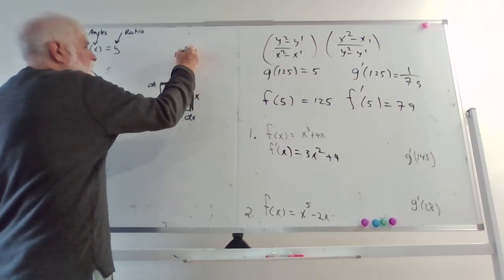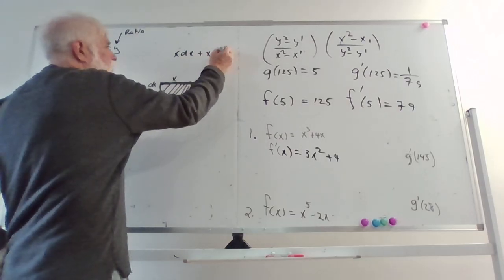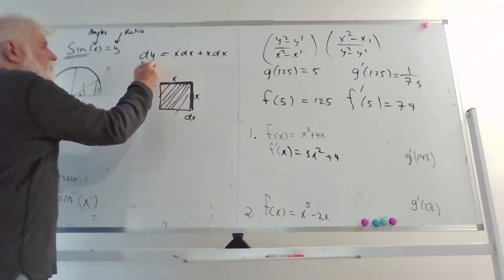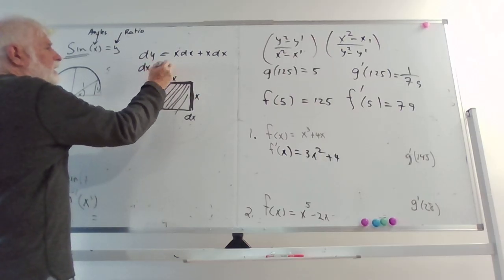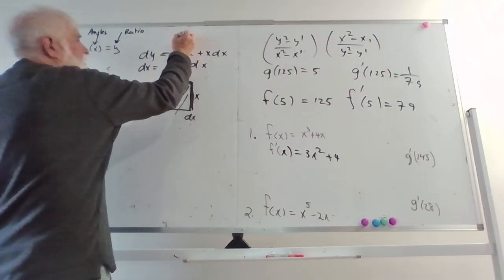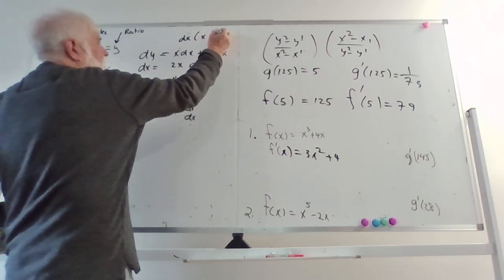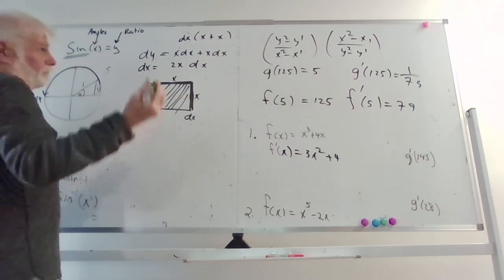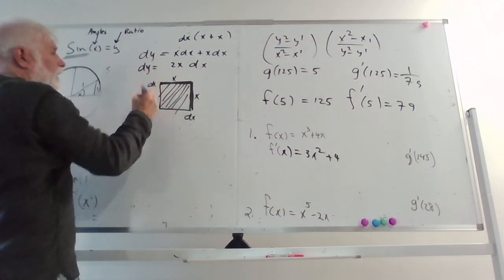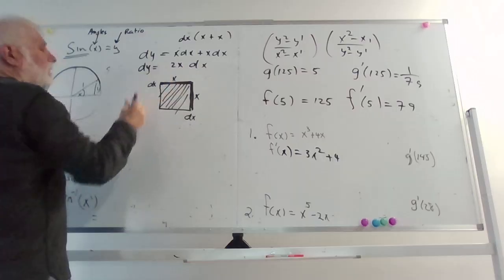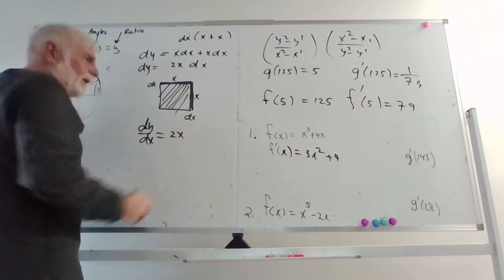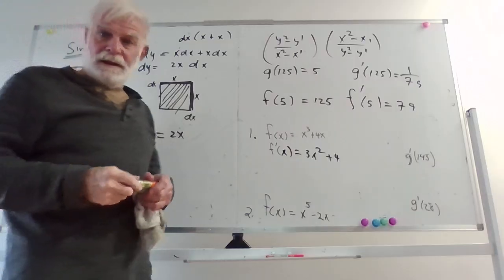I get x dx plus x dx as the change in the area, and if I factor out dx, it's dx times x plus x, which is 2x dx. So dy over dx, if I divide by dx, is 2x.